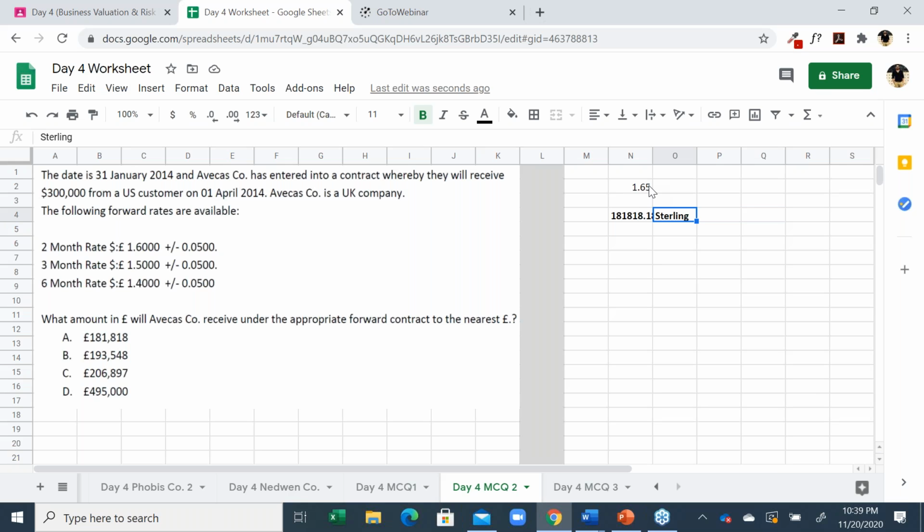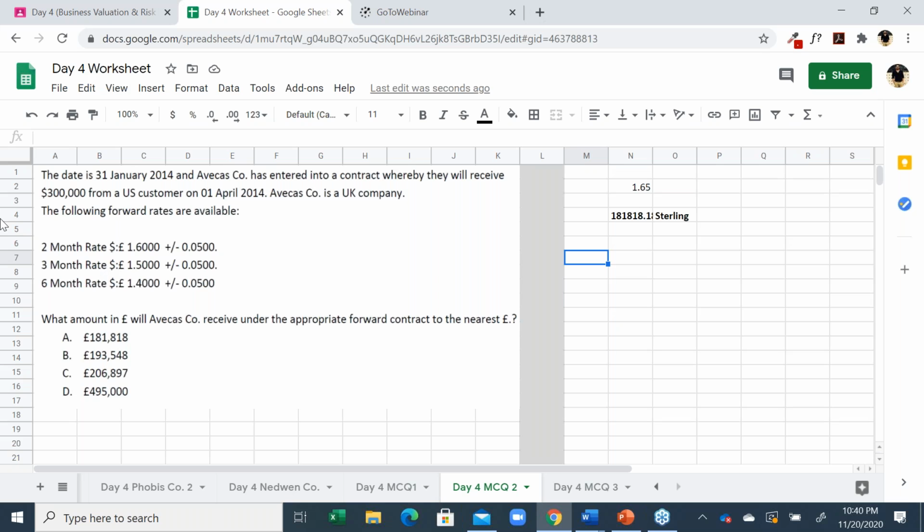When the rate is quoted in one currency and we are converting it into another currency, we must divide by the rate. And if the rate is quoted in the same currency in which we are converting, then we should multiply. That's a simple rule you should remember.